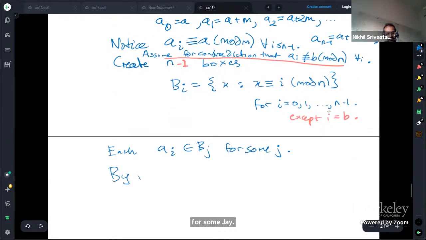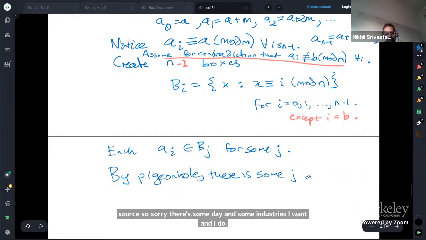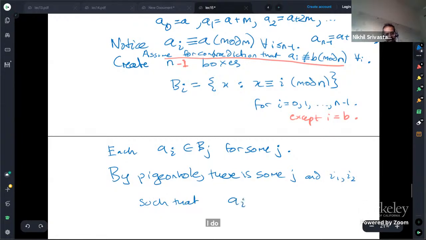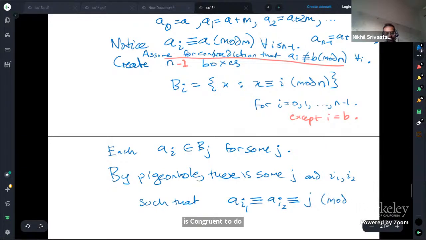So by pigeonhole, there is some j and some indices i1 and i2 such that a_{i1} is congruent to a_{i2}, which is congruent to j modulo n.